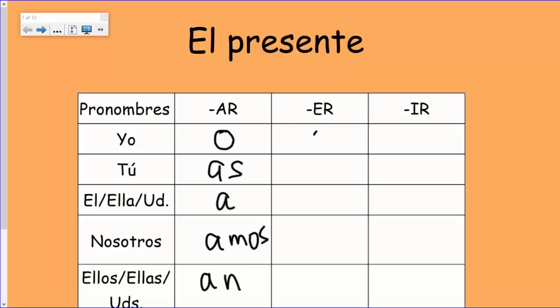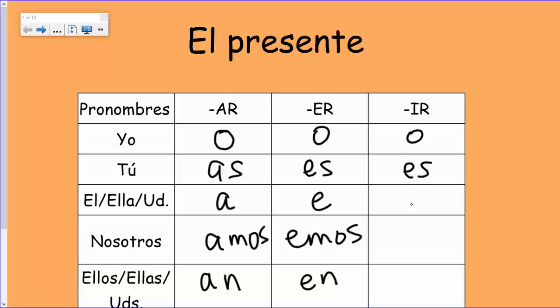ER endings: o, es, e, emos, and en. Y entonces, los verbos IR, the endings are going to be o, es, e, and then remember the nosotros form changes to imos and en.